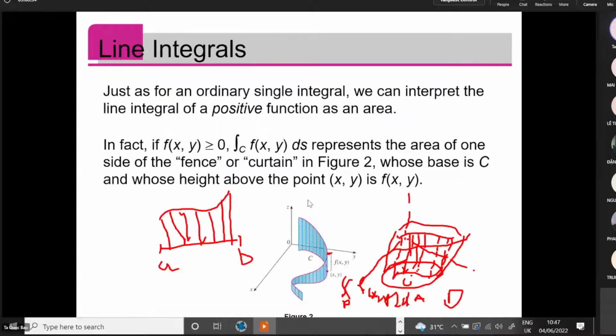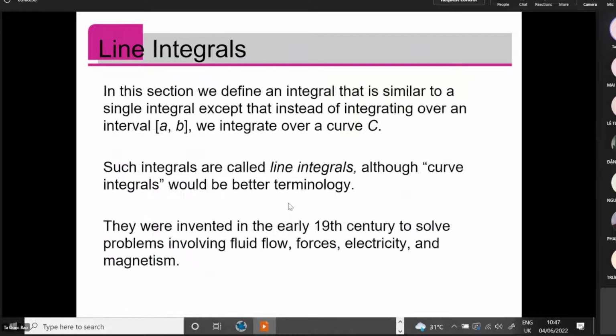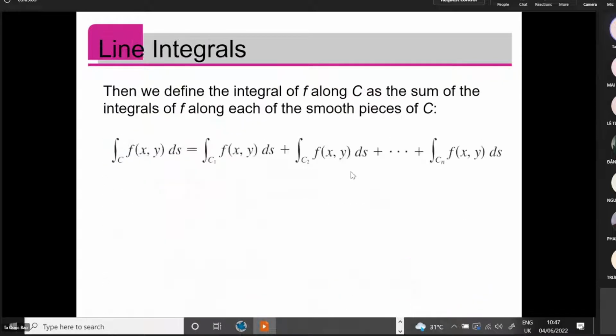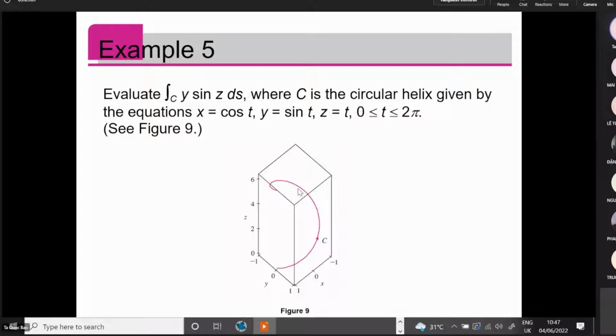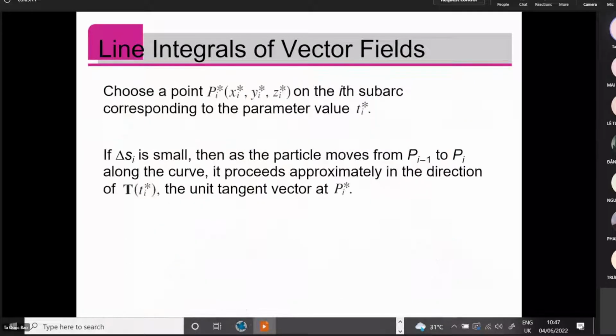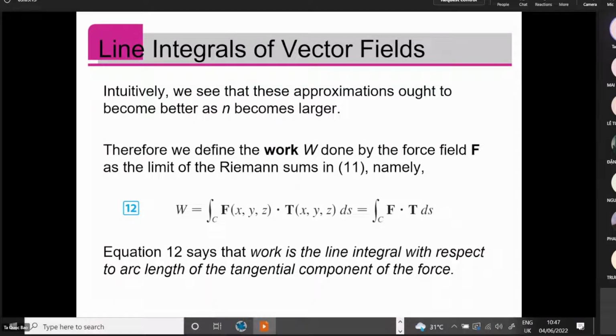And the first integration here, you can see the ds along C, and now we just consider it with respect to x.